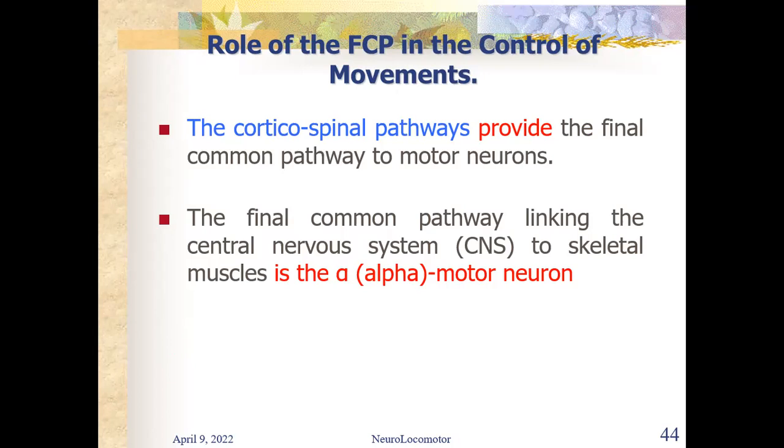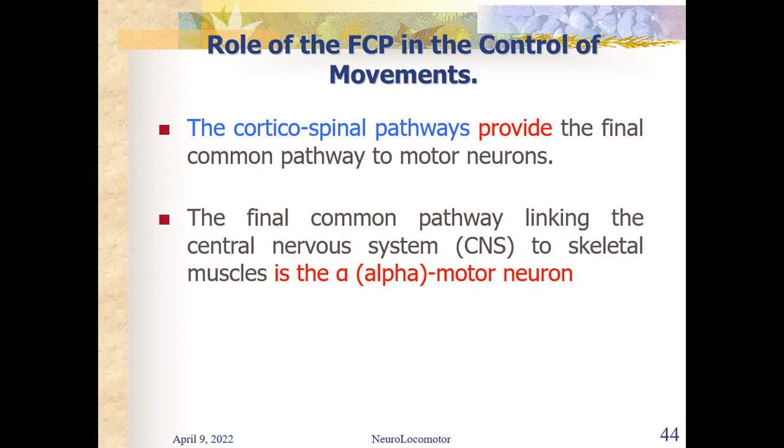They can arise from those two places. Since we are concerned with the role of the final common pathway and the role of the spinal cord in the control of movement, we want to look at the lower motor neurons, the nuclei located in the anterior gray matter of the spinal cord. The final common pathway linking the central nervous system to the skeletal muscles is the alpha motor neurons.